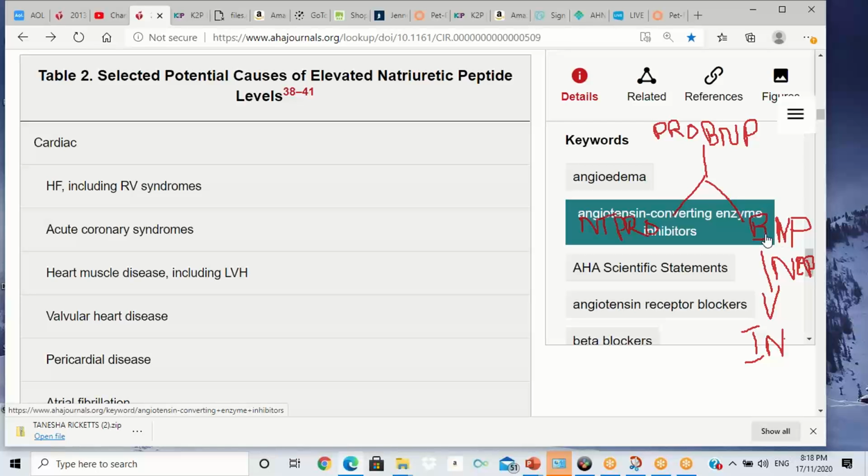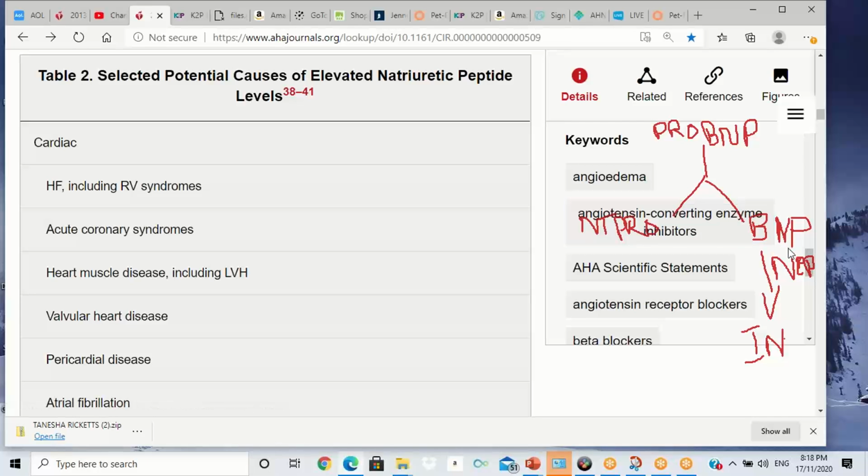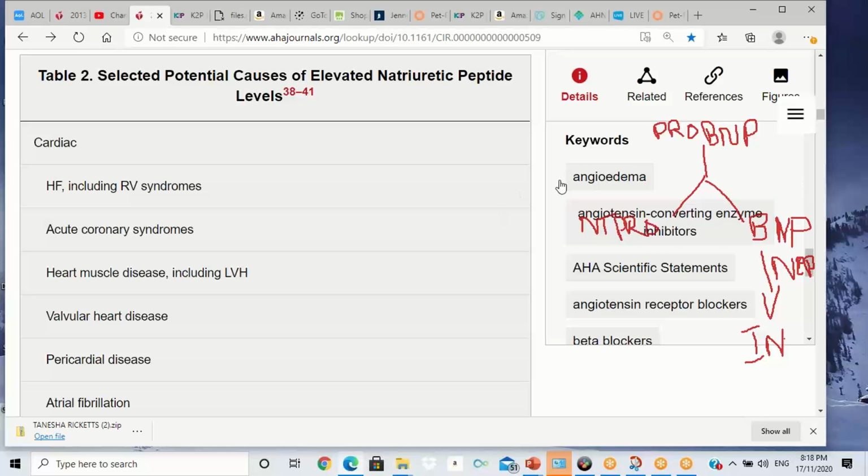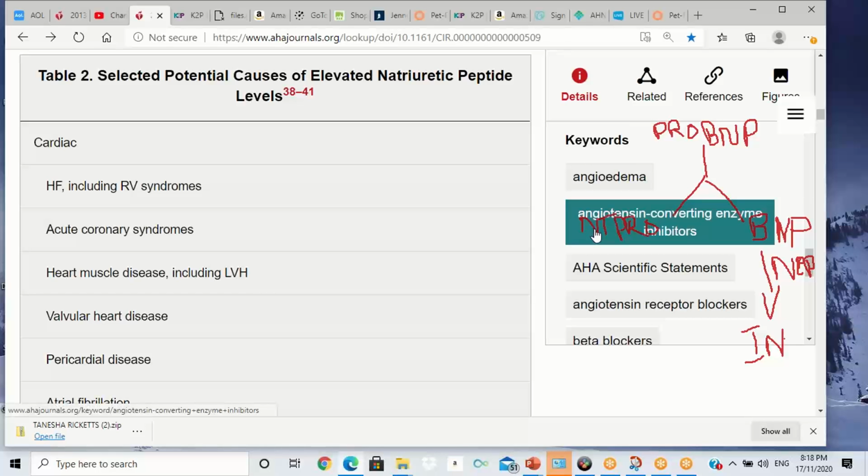So if your patient is on ARNI, which is the angiotensin receptor blocker and a neprilysin inhibitor, you shouldn't get a BNP. You need to get an NT-proBNP. People doing exams, this is another question.